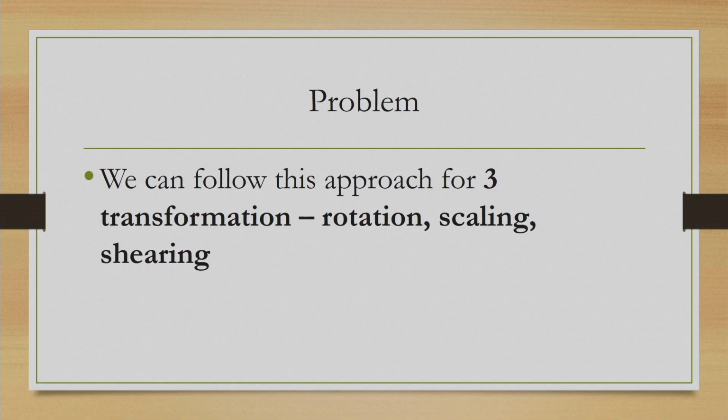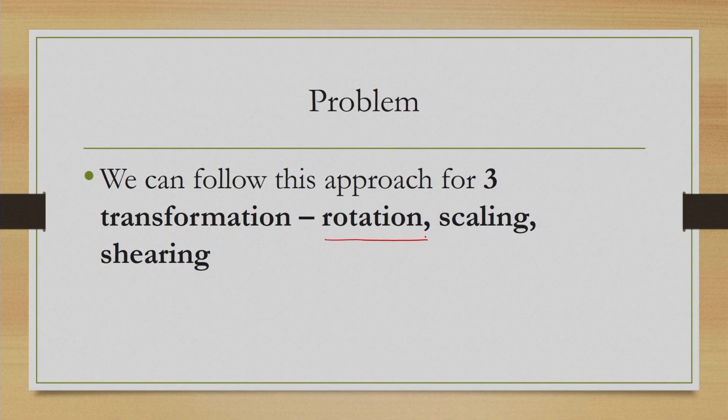So, we have represented scaling in terms of a 2 by 2 matrix. We can do the same with rotation. We can have a 2 by 2 matrix for representing rotation transformation as well as shearing. So, then we can have 2 by 2 matrices for the 3 operations: rotation, scaling and shearing.